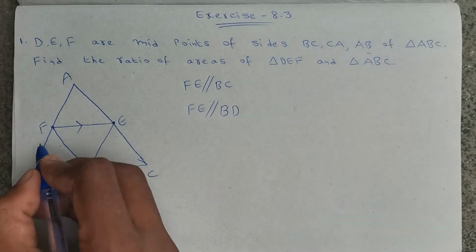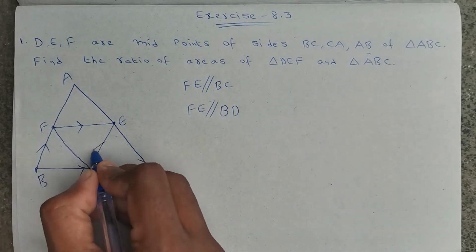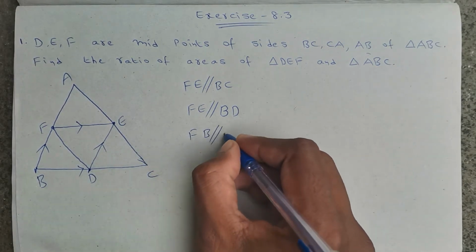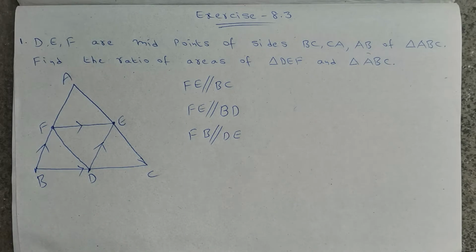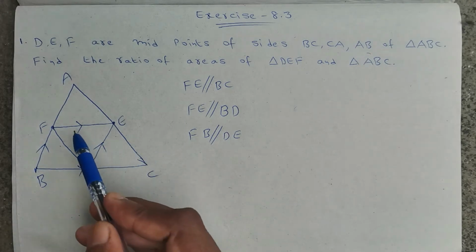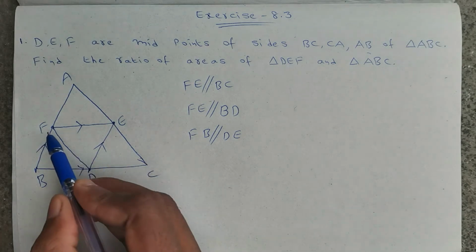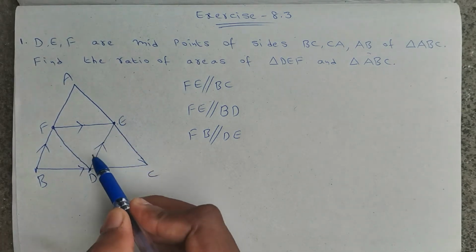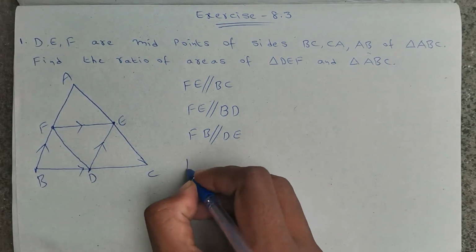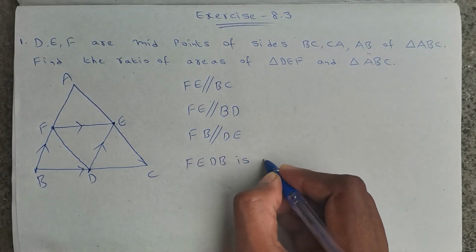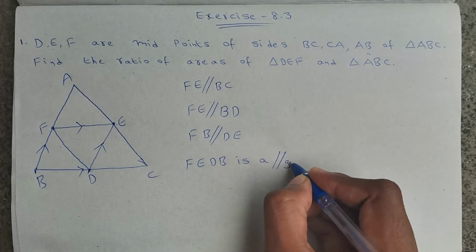In the same way, FB is parallel to DE. So we can conclude that opposite sides are parallel to each other, then FEDB is a parallelogram.